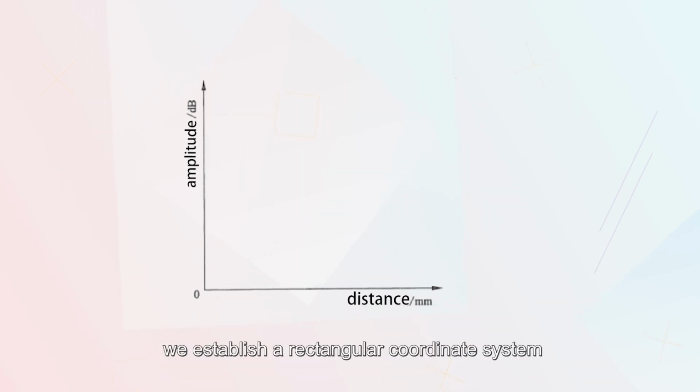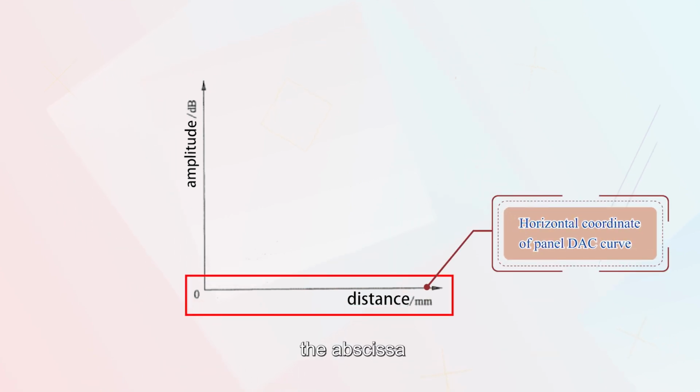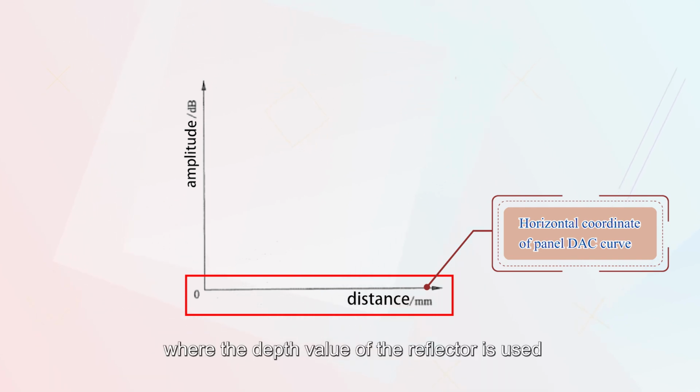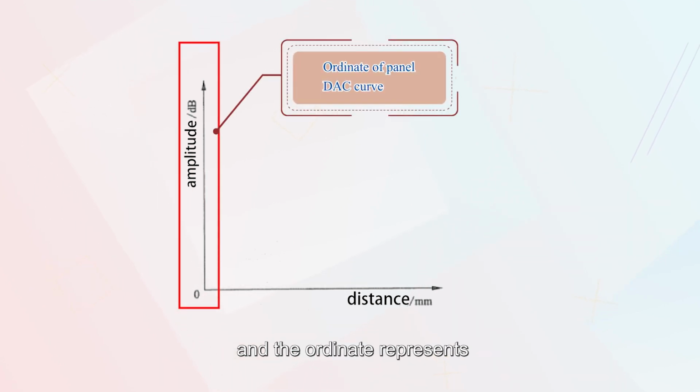Next, we establish a rectangular coordinate system. The abscissa represents the distance of the reflector, where the depth value of the reflector is used, and the ordinate represents the echo amplitude of the reflector, where the attenuator reading is used.